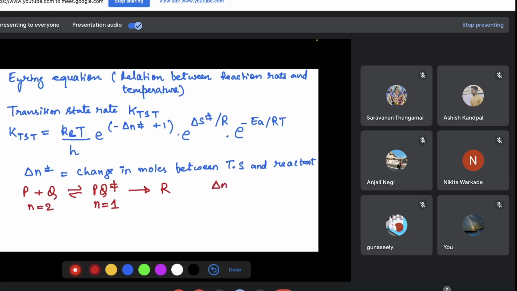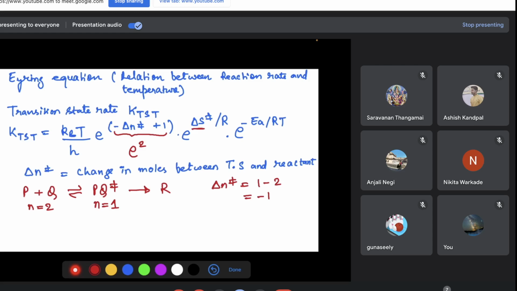So my delta n dagger, the change in molecularity, becomes 1 minus 2, that is minus 1. So my exponential here becomes e to the power minus (minus 1) plus 1, that is 1 plus 1, that is e to the power 2. Correct? Also, we need to find the entropy term.